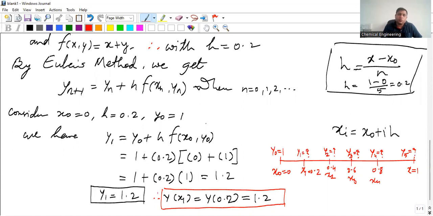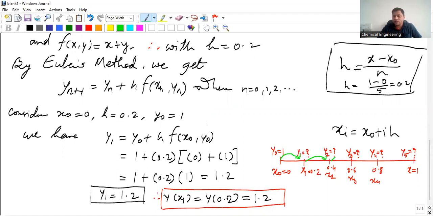Now one more thing that we need to understand is, when we have y0 and x0, we are able to calculate the value of y1. When we have the value of x1 and y1, we are able to calculate y2.